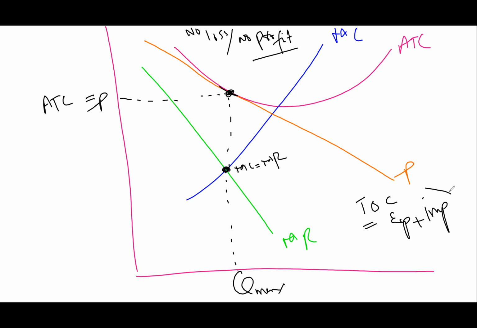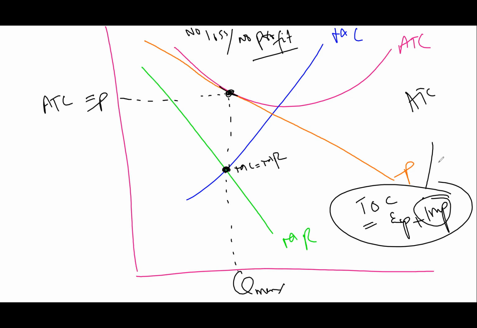So we assume that the total cost also includes implicit cost, right? So we are earning zero economic profit. It means we are earning accounting profit as well, but economic profit is going to be zero.